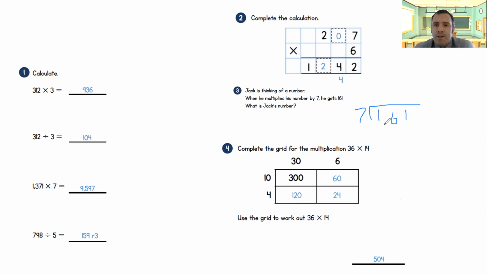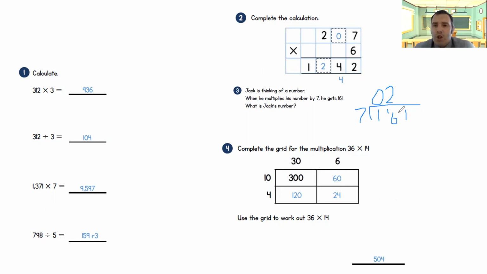I can't divide 1 by 7, so I need to exchange that up. So I cannot do anything like that. It's going to be a 0. I'm now dividing 16 by 7. Closest I can get is 14, so that's 2 lots of 7.